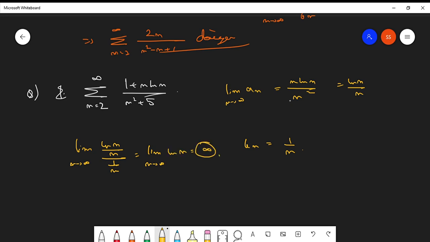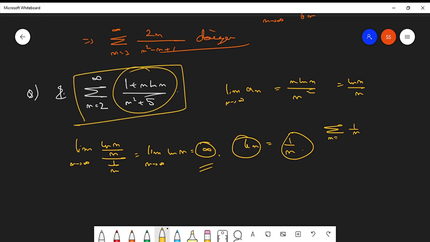If the limit is infinity and the b_n series diverges, then a_n must also diverge, and we know that the series 1 over n diverges, from any starting index. So this implies that this series will also diverge. Got it?